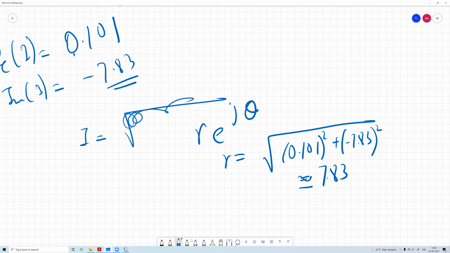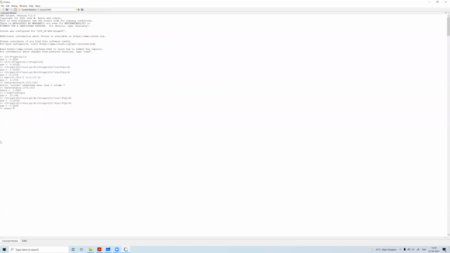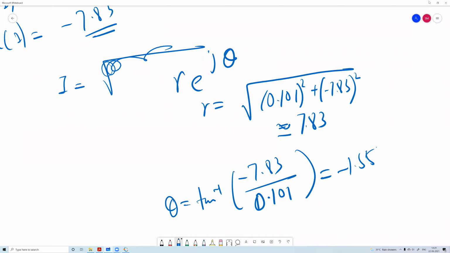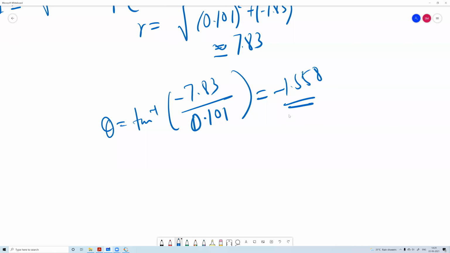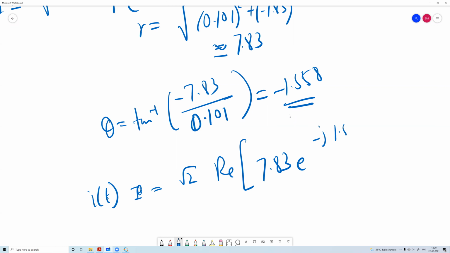So that is equal to minus 1.558. Okay. So our I, what we are getting, I of t would be the real part of 7.83 e to the power of minus j 1.558 times e to the power of j omega t.